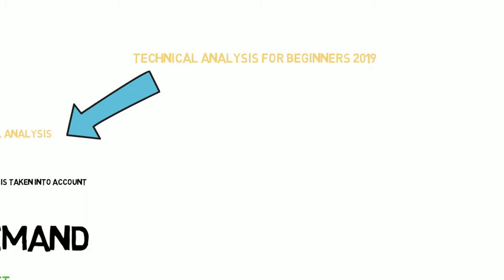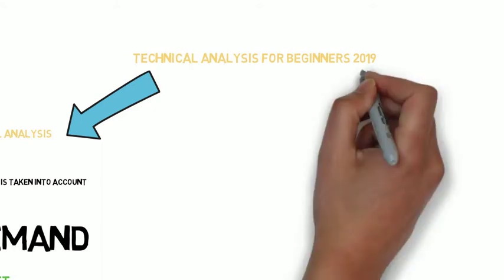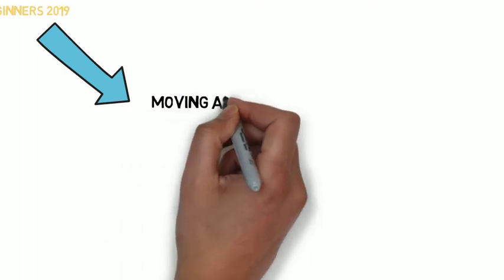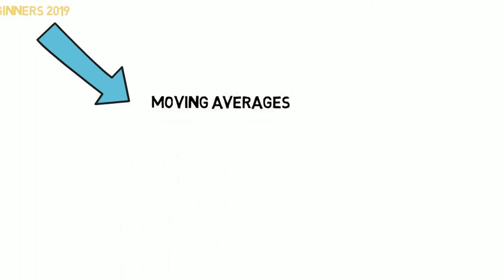Now that we know the main principles that constitute technical analysis, let's take a look at the tools that we can use in technical analysis. We've talked about trends earlier, and one of the tools that many technical analysts use to determine the trend in the market are moving averages. A moving average smooths out short-term price fluctuations and is based on past prices.